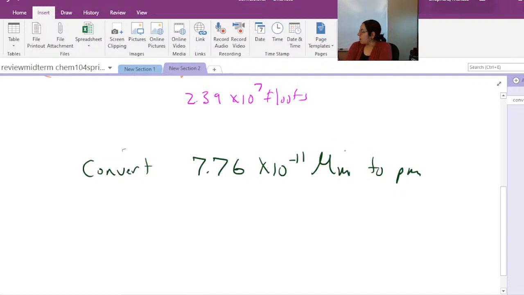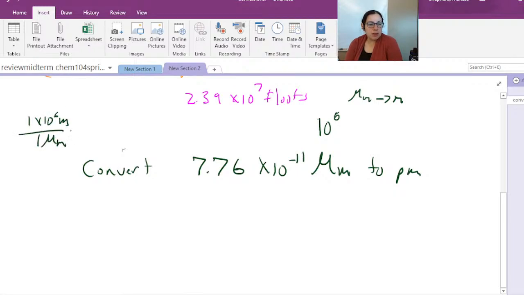Do we remember what power that is? So 10 to the 6, that's by our base unit. Good. And I would just do a two-step conversion for this one. So we're going from megameters to meters. That's a factor of 10 to the 6. We could write out that we have 1 times 10 to the 6 meters in 1 megameter.